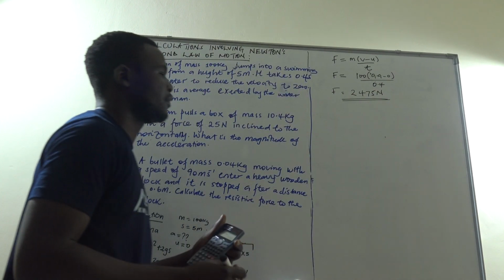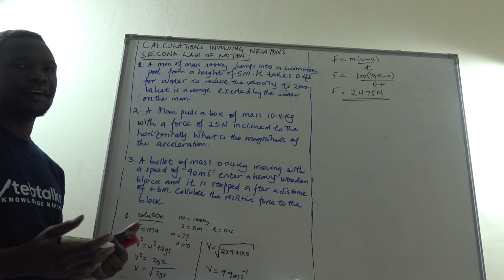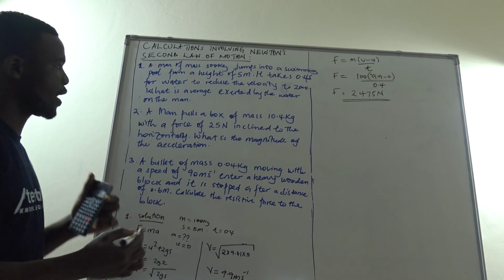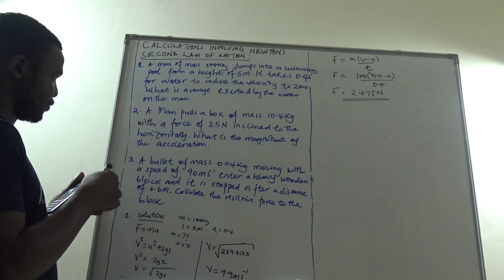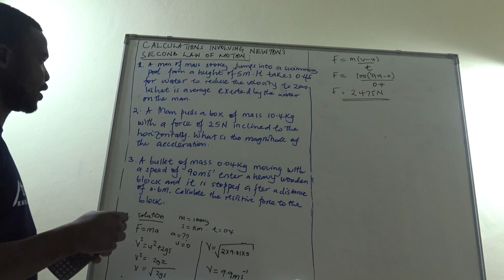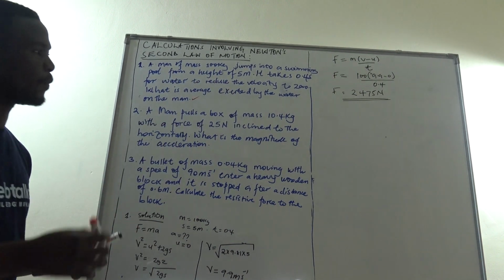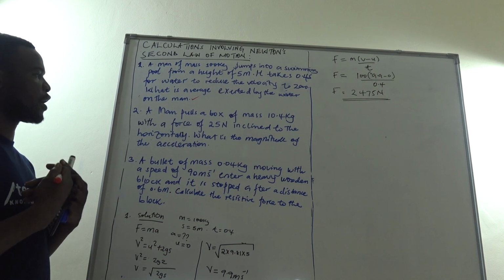So this is the force which the water exerted on that man. So we have answered question number 1. Question number 1 is done. So next is question number 2.